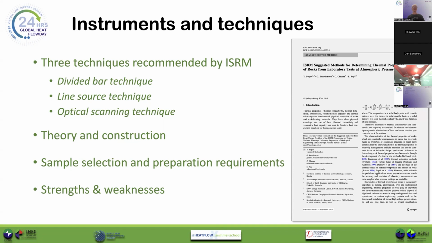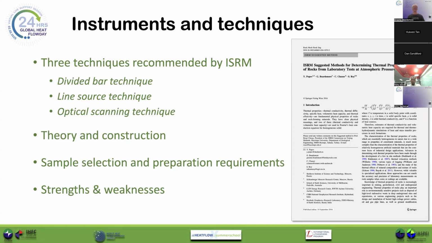So there is no ASTM standard or ISO standard for measuring rock thermal conductivity. So this is the de facto global standard. And this document recommends 3 different techniques. So divided bar technique, line source technique, and optical scanning technique.